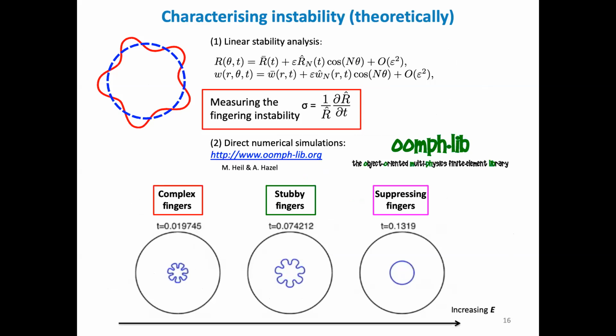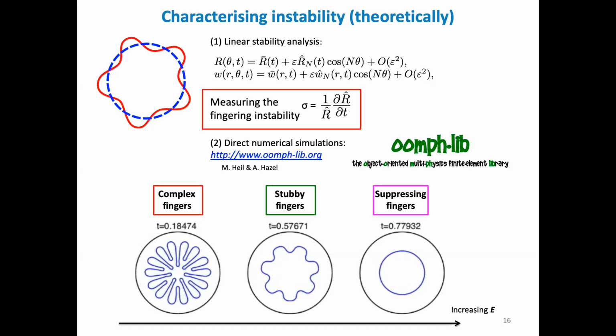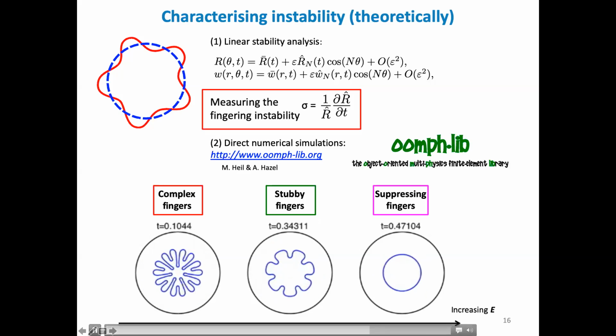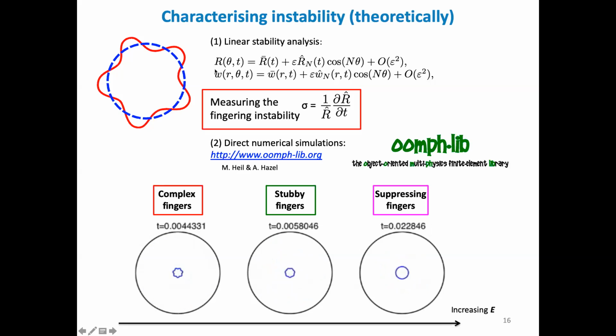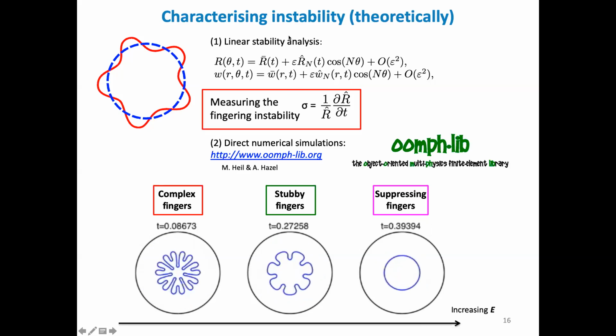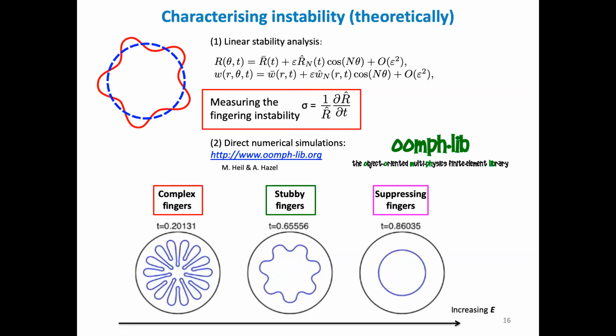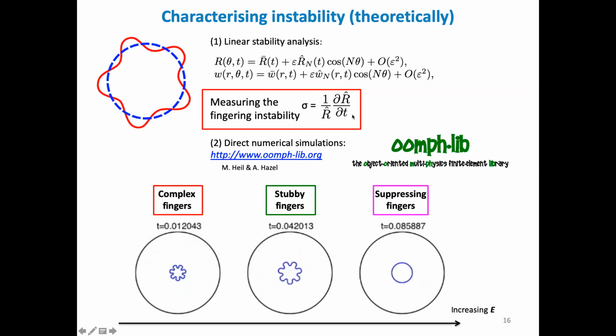And then we started analyzing it. We solved this set of equations assuming axisymmetric expansion. We also did linear stability analysis by perturbing those axisymmetric solutions non-axisymmetrically, and then computing the growth rate of the instability. By looking at this growth rate, we can conclude that the perturbations decay to zero if the growth rate is negative.